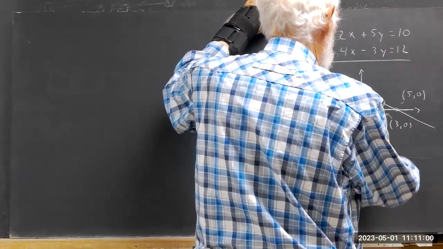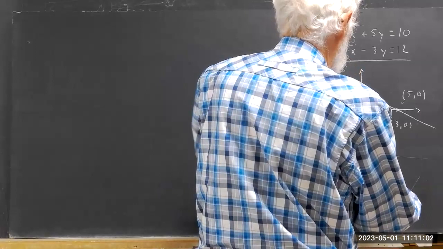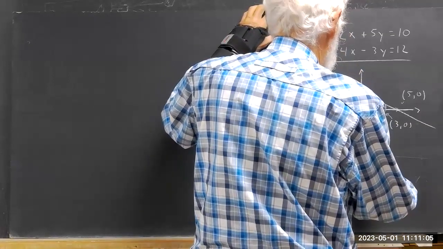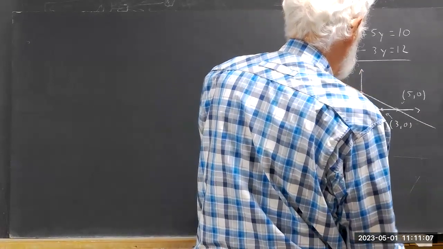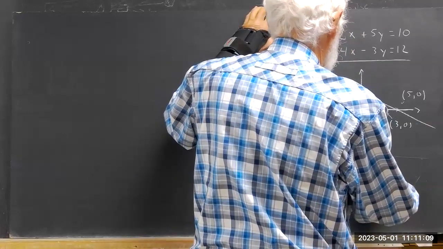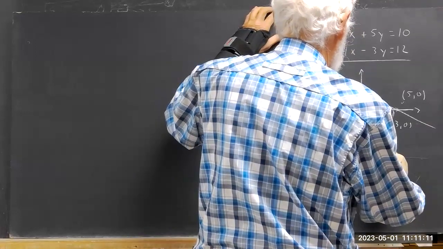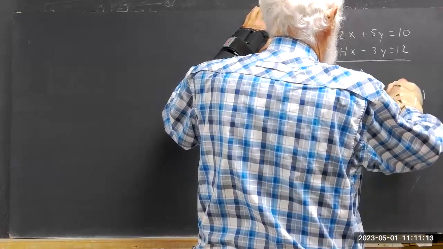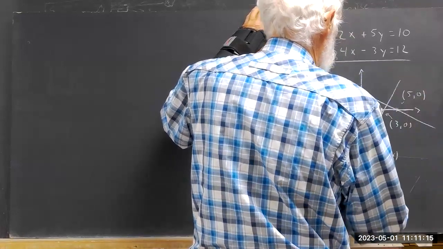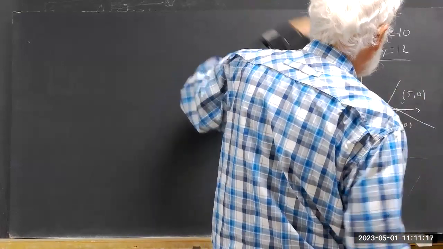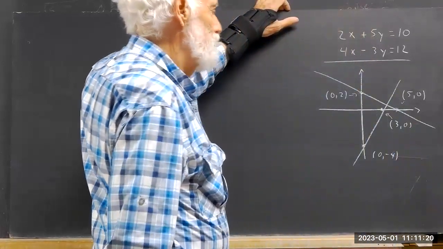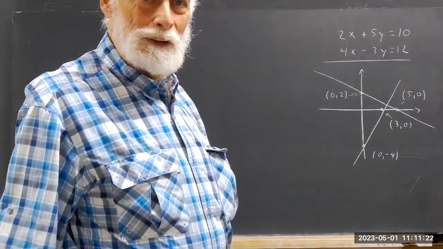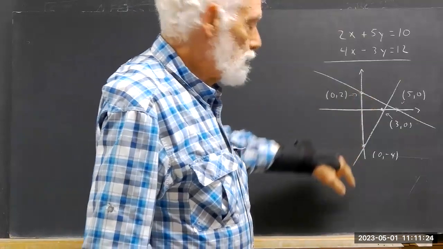So 3, 0 and 0, -4 would be down here a little. And now we sketch a straight line through these points and kind of miss this one. And any sketch is going to have a little inaccuracy, especially if you miss your points.